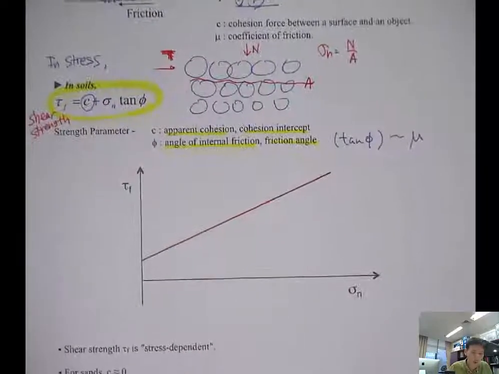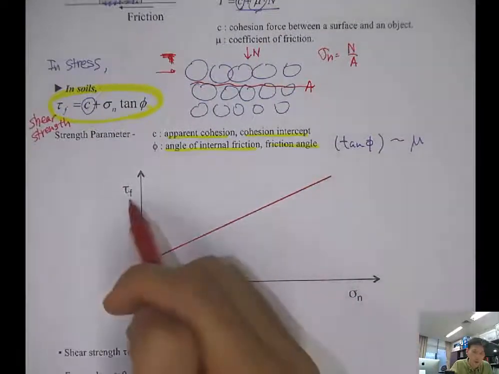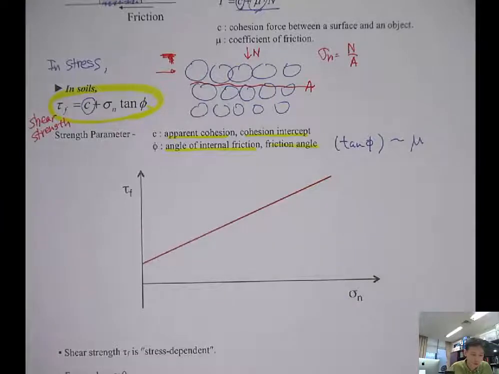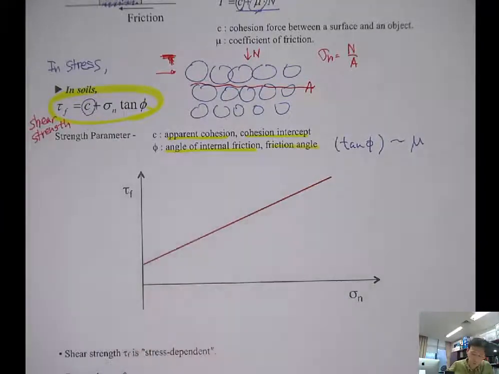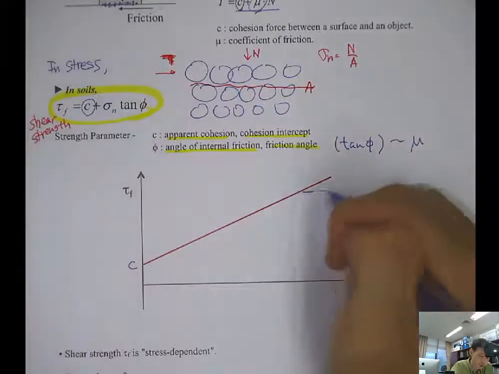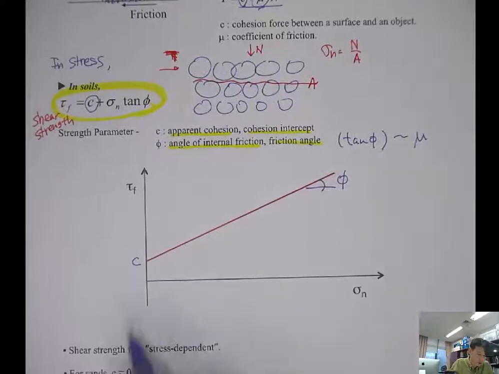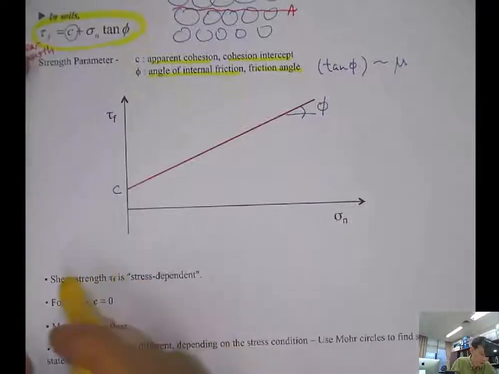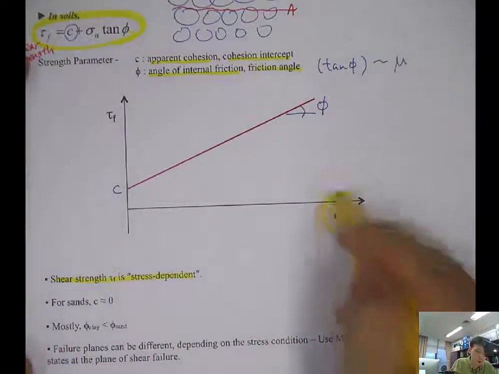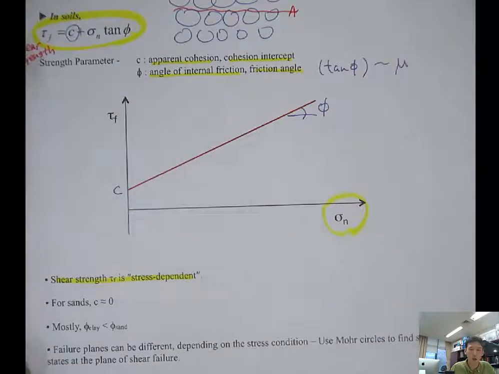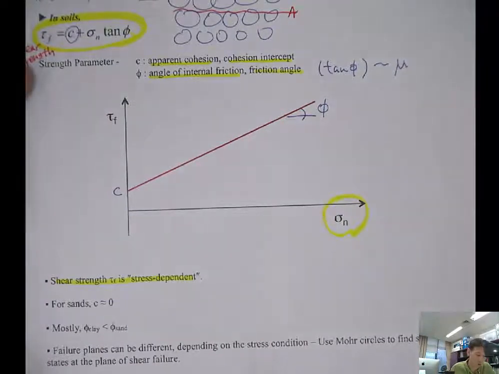If you plot it in the sigma versus tau space, it will have a y-intercept C and inclination angle phi. So you can see that the shear strength tau is stress dependent. As the normal stress increases, tau f, the shear strength, increases.